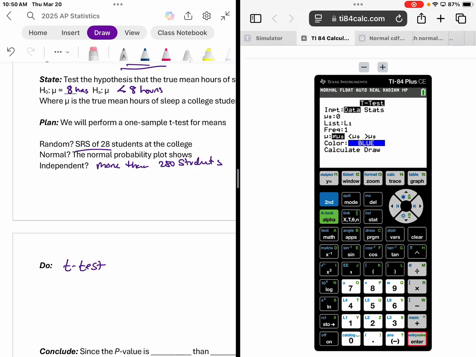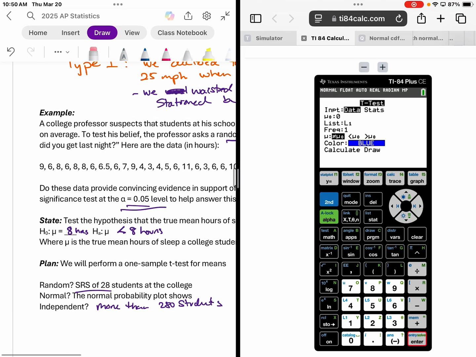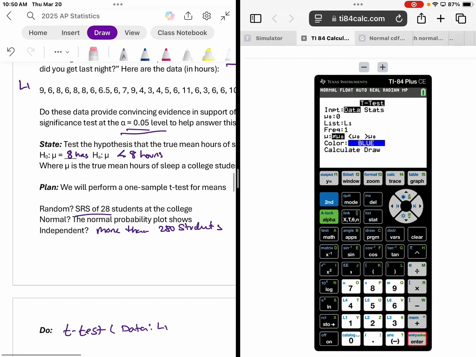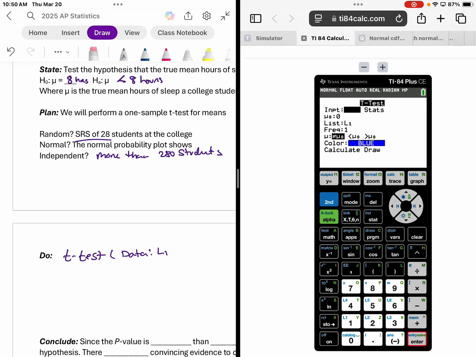I have all my stuff in the data, so I'm going to do a t-test, and my data is column L1. If you want to make a note up here, put L1 up there next to the data, so the reader can see that I'm putting that stuff in for L1.